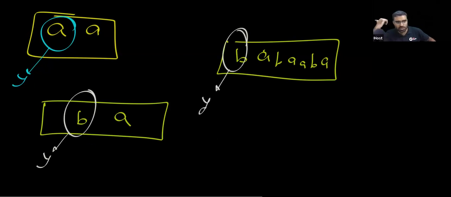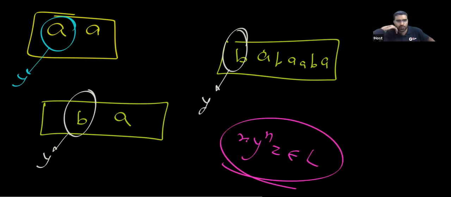If you do this, can I say x y power n z will definitely belong to L? If you repeat this first symbol any number of times, 0 or more times, can I say the resulting string will belong to L?